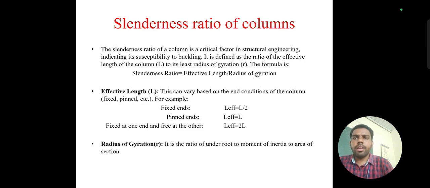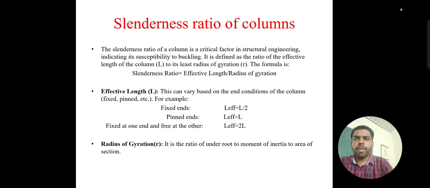Based upon the effective length, how do we find the effective length of a particular column? Column end conditions are of different types: fixed, free, and fixed and free. The effective length varies in each situation.